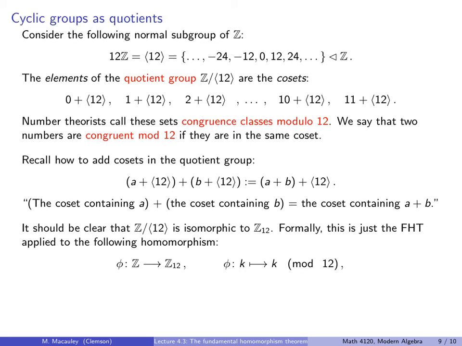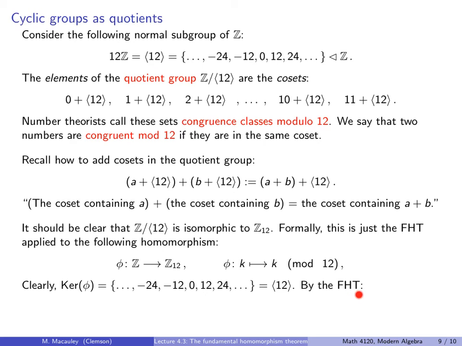Formally, this is just the fundamental homomorphism theorem applied to the following homomorphism. So there's a very natural homomorphism from the integers Z to Z12 that takes any integer k and reduces it modulo 12. Clearly, the kernel of this homomorphism, the things that get mapped to 0, is this subgroup generated by 12. That should be clear, right? Everything else gets sent to something non-zero. These get sent to the 0 element in Z12.